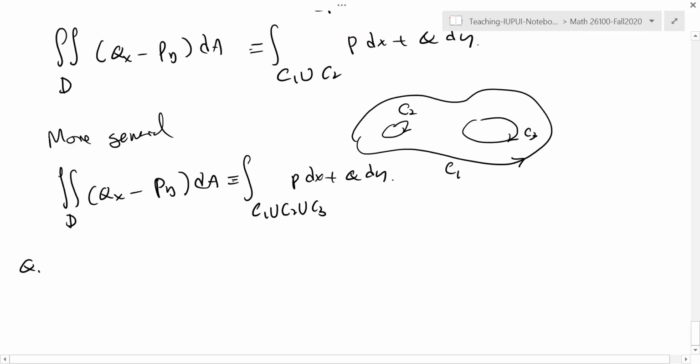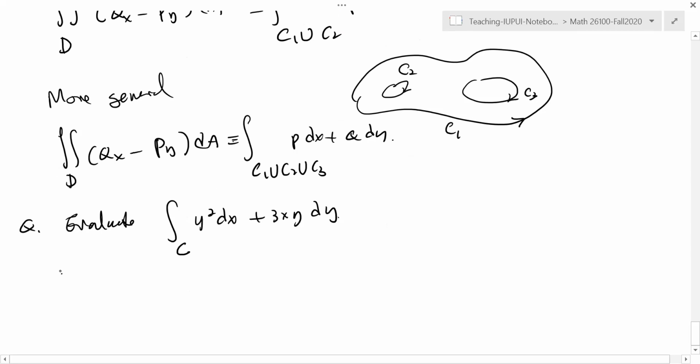Okay, we're going to evaluate the integral over C of y squared dx plus 3xy dy.